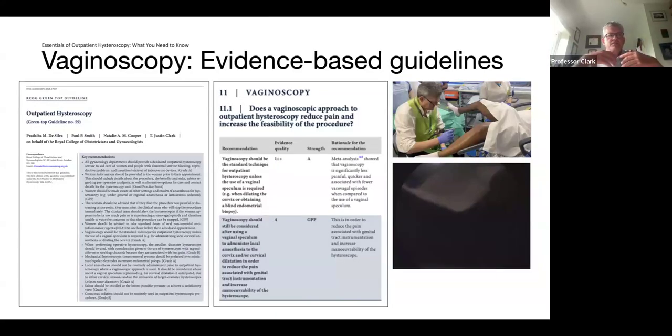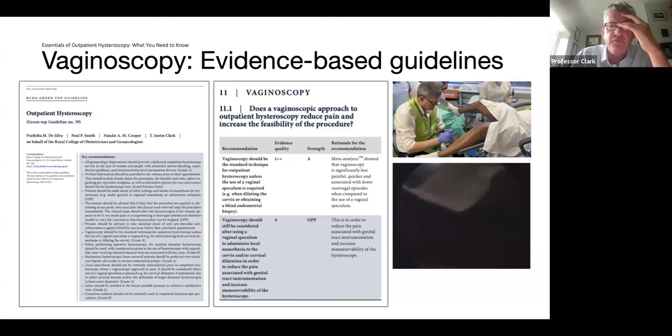So in terms of doing the procedure and the approach, we'll go into more detail in future webinars around diagnostic techniques, interpretation and therapeutic interventions. But one key thing for this webinar on how to do a hysteroscopy successfully and set up an outpatient service is the notion of vaginoscopy.